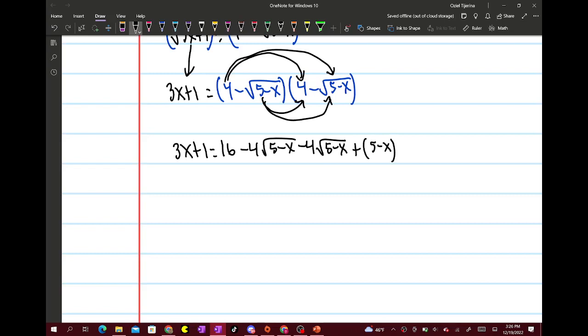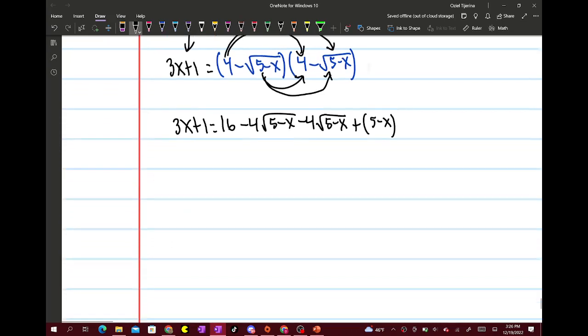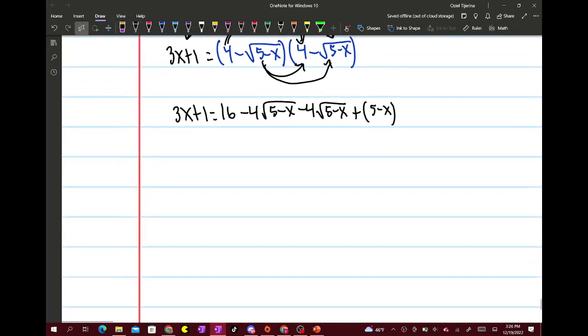I'm just following the FOIL method, or the difference of, you know, like the a minus b squared, right? So this would be 3x plus 1 equals 16 minus 8 square root of 5 minus x plus 5 minus x.